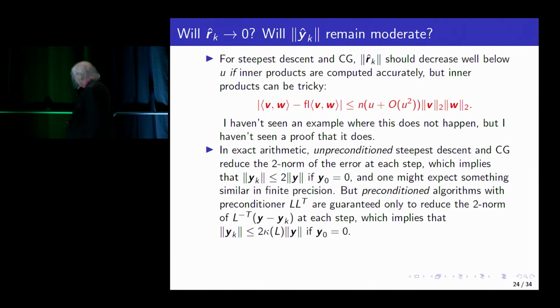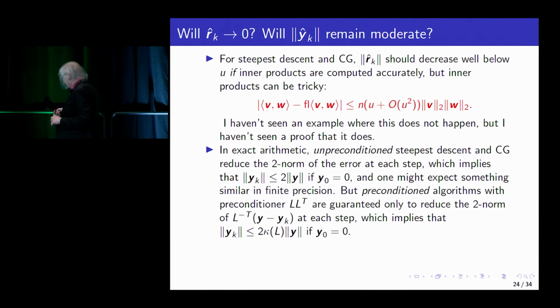Okay, in exact arithmetic, what about the growth of y_k hat? Now, in exact arithmetic, unpreconditioned steepest descent and CG are designed around the A norm of the error, but it turns out they also reduce the 2-norm of the error at every step.